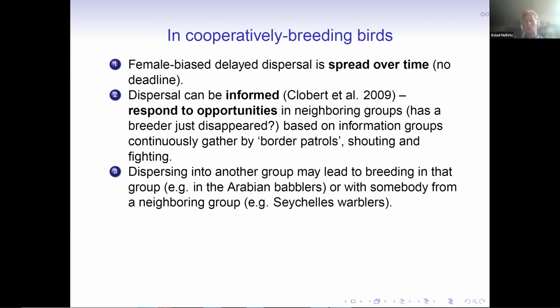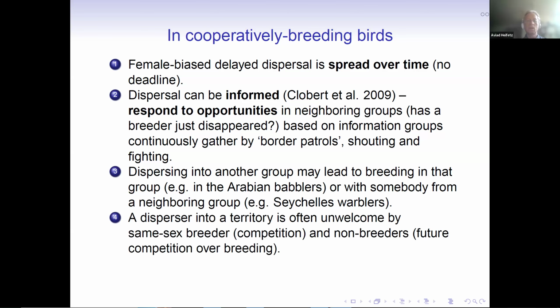Generally, I may disperse either for breeding directly with somebody in the target group, or sometimes with somebody from a neighboring group. It happens in the Seychelles warbler, for example.